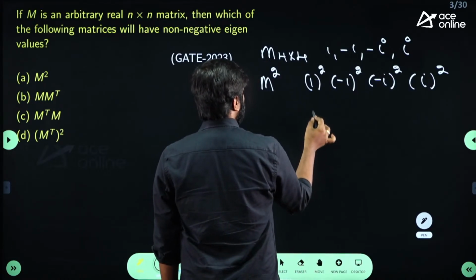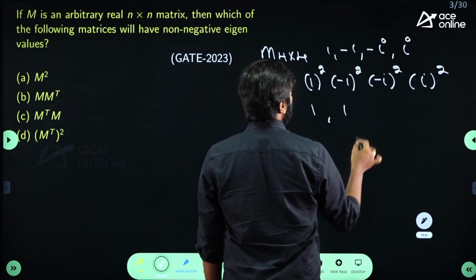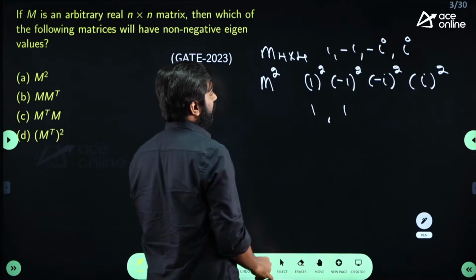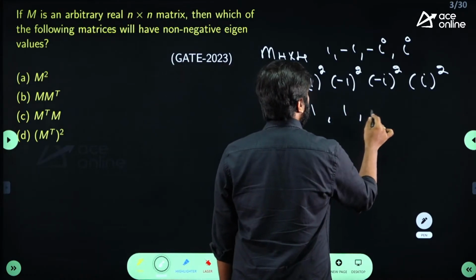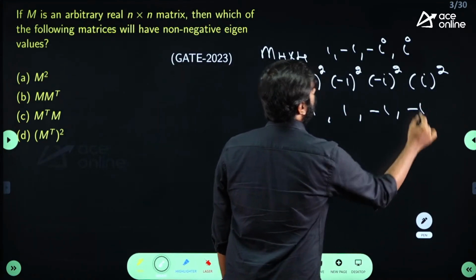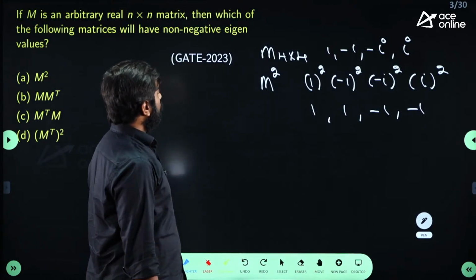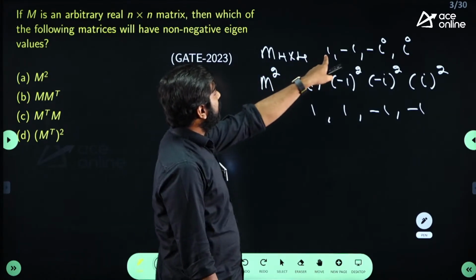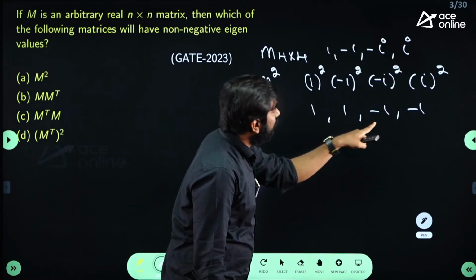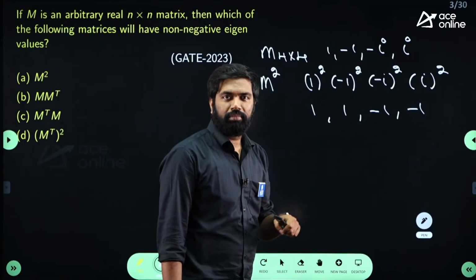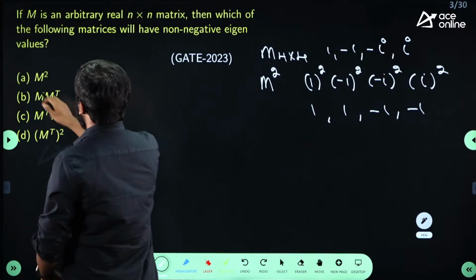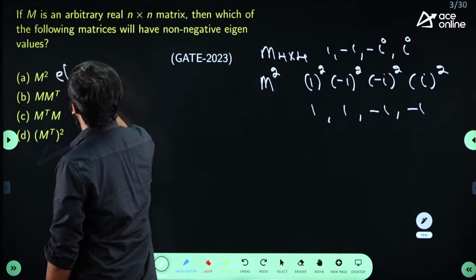So how much is this? This is 1, this is also 1, and minus 1 whole square is anyway 1, but i square is there. So this is minus 1, this is also minus 1. Look at this. I have taken these as eigenvalues, but M square eigenvalues are negative. So option A is eliminated.